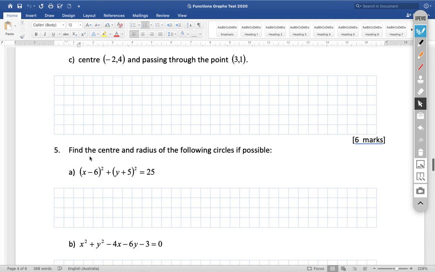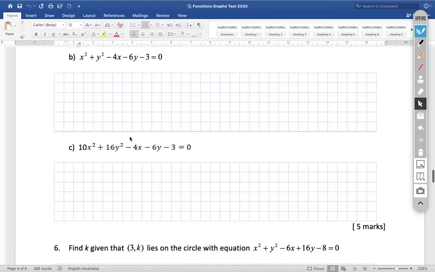It's a bit of a clue here: find the center and radius of circles if possible. This is looking a bit dodgy, like it might not be possible because that's a 10, that's a 16. I mean, maybe you might attempt to start completing the square on something like this. Well, where would you go with it?